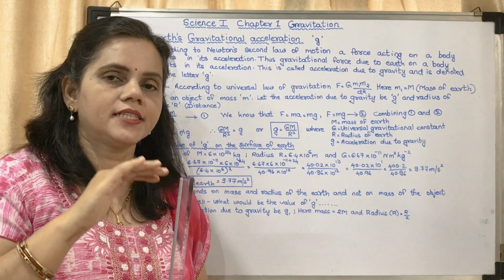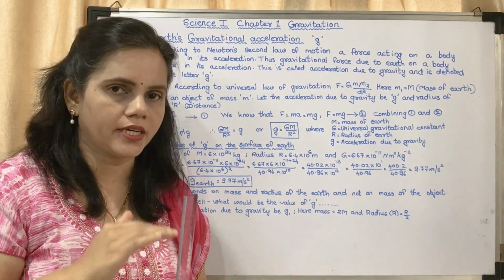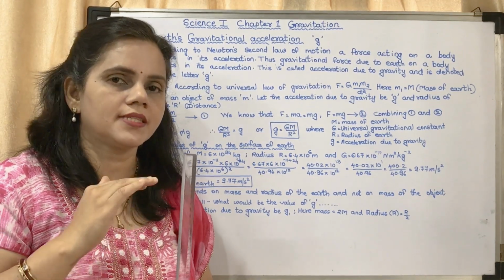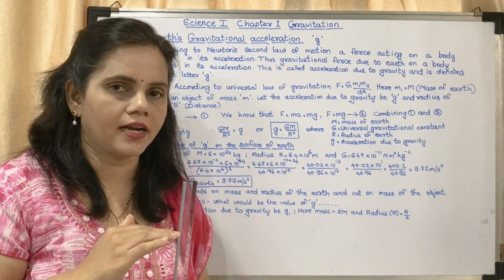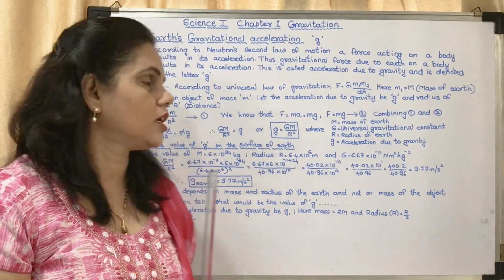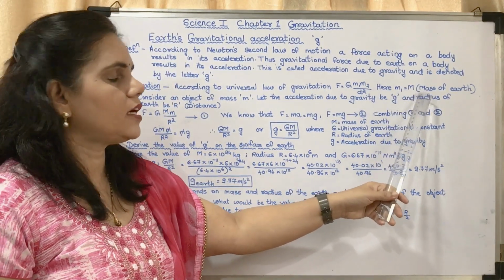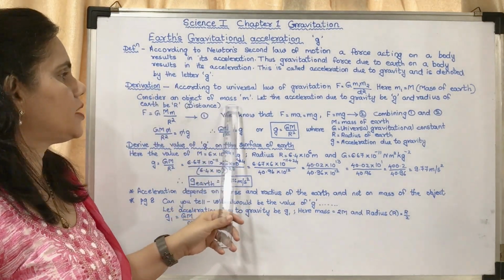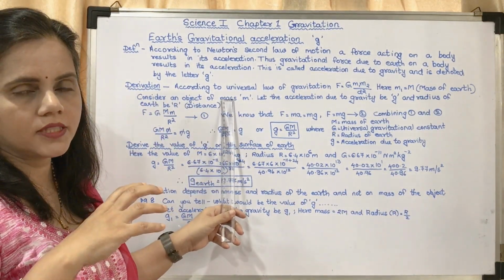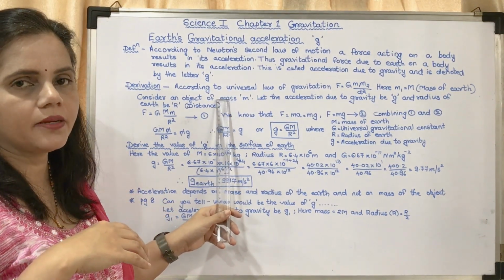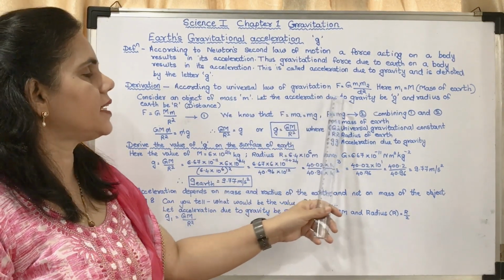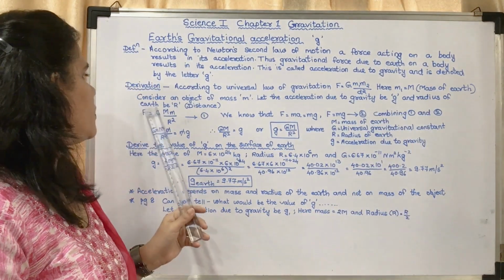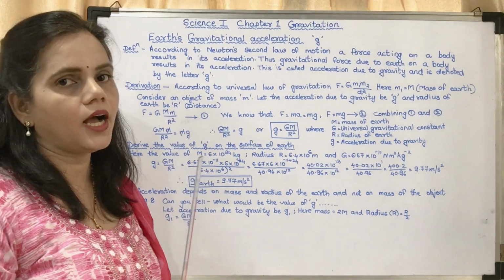So the distance from the center is taken as r, that is the radius of the earth. Consider an object of mass m. That object which is kept on the surface of the earth has mass m. Let the acceleration due to gravity be g, and the radius of the earth be capital R.